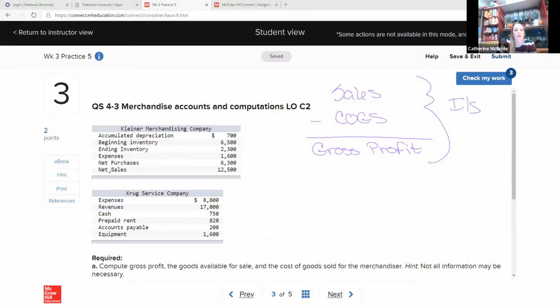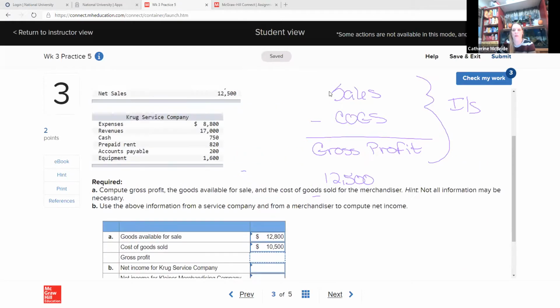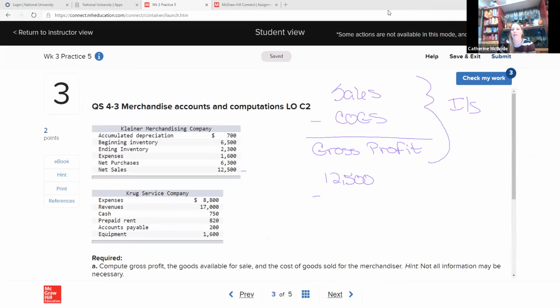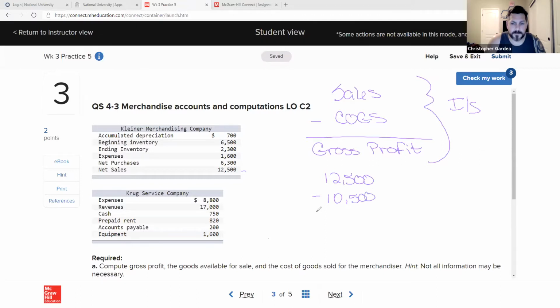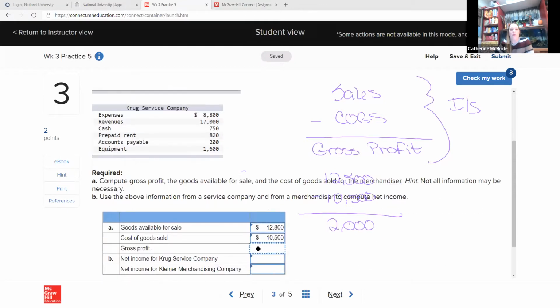So my sales are 12,500. We figured out our cost of goods sold already. Down here it was 10,500. Well, that doesn't take difficult math, does it? So my gross profit is 2,000. You can see there's some formulas here. So gross profit, 2,000.